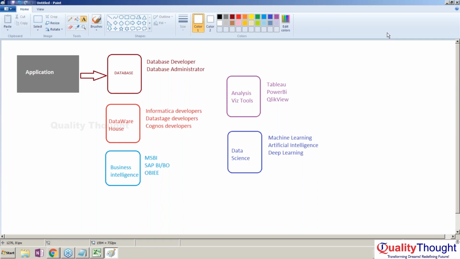Do you have any questions so far, whatever discussion I have made right now? So now we also understood where exactly the Tableau developer fits in our daily project execution of any particular application.